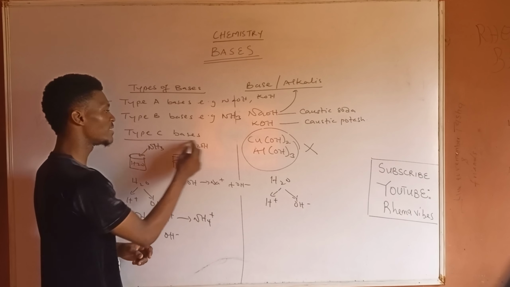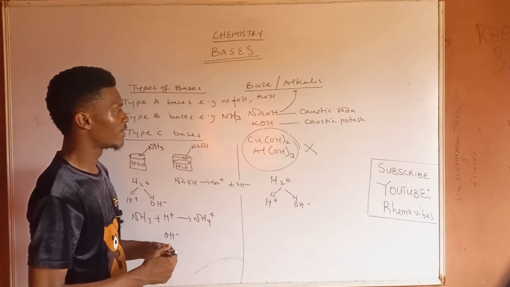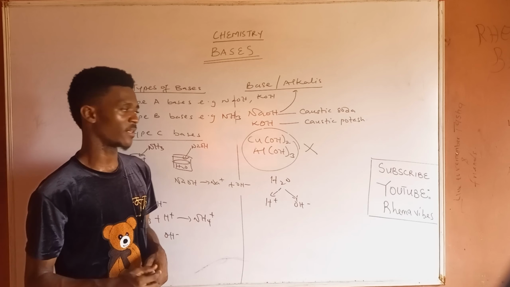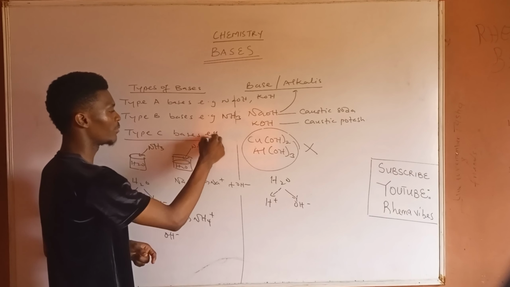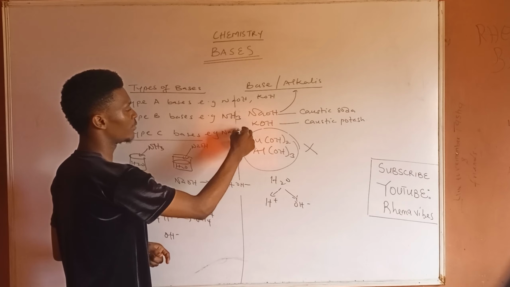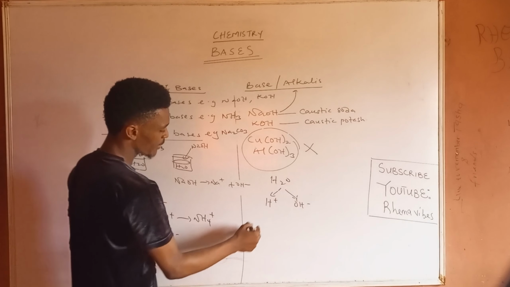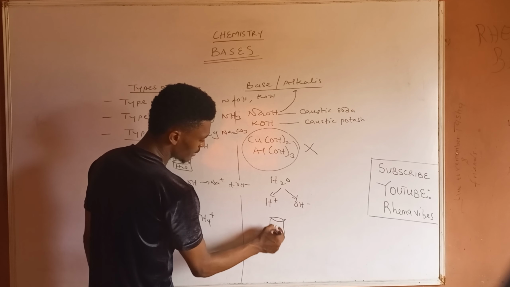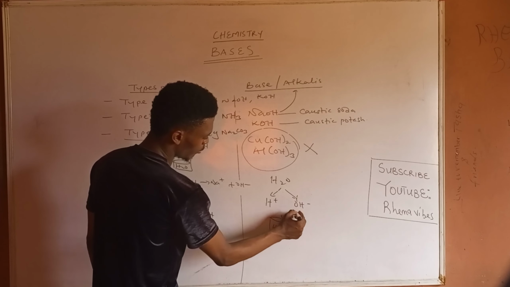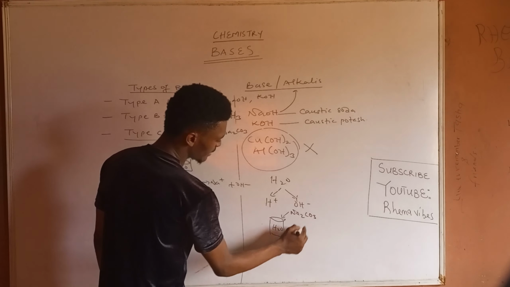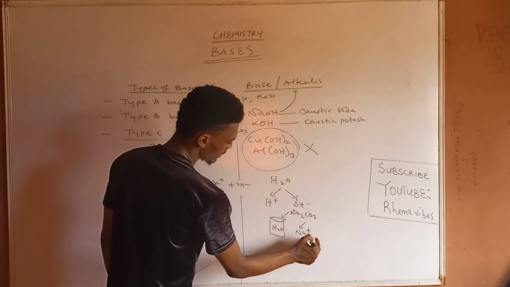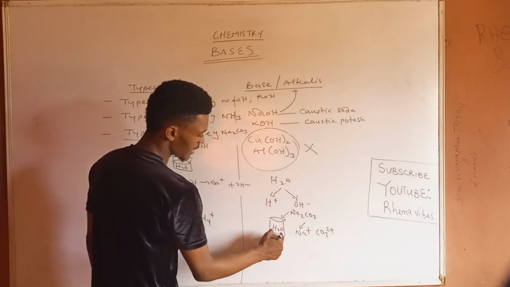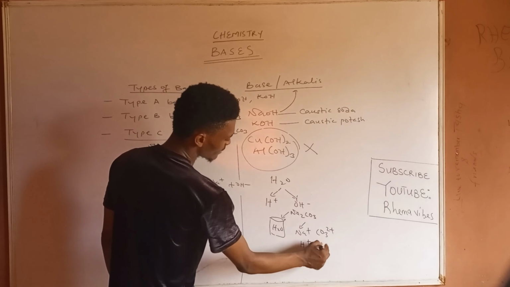Then for type C bases, they produce their OH minus by dissolving in water and splitting water without attacking any part of water. Okay? Example includes Na2CO3. What does this mean? It means that if you dissolve Na2CO3 in water, it tends to split into Na plus and CO3 2 minus, while it also affects water by splitting water into H plus and OH minus.